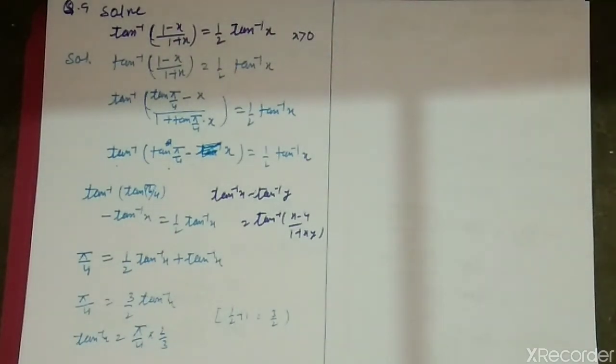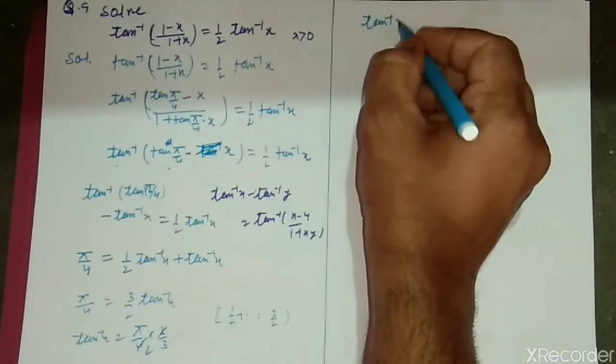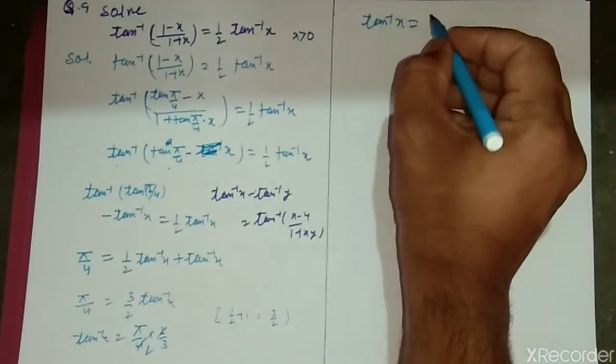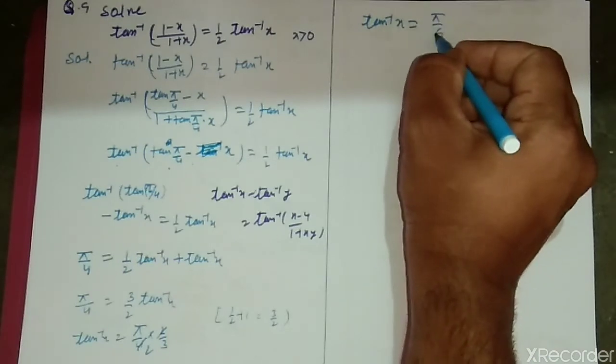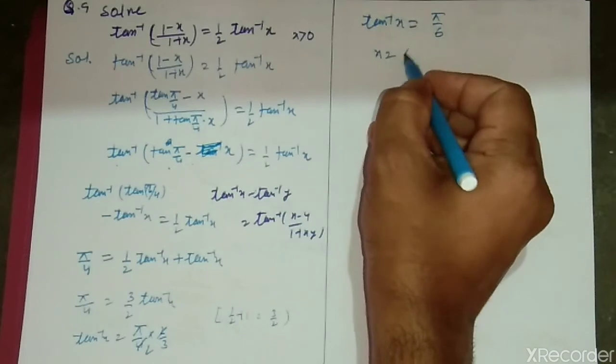Okay, further we can write it as, we can solve 2 to the 4 and tan inverse x is equal to pi by 6, clear, and x is equal to tan pi by 6.